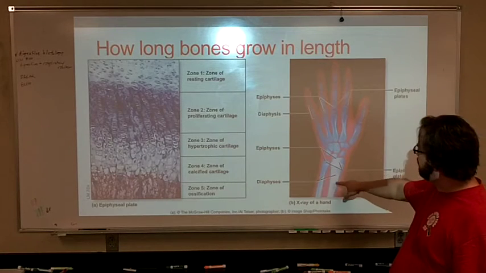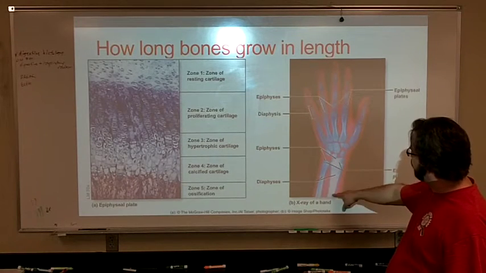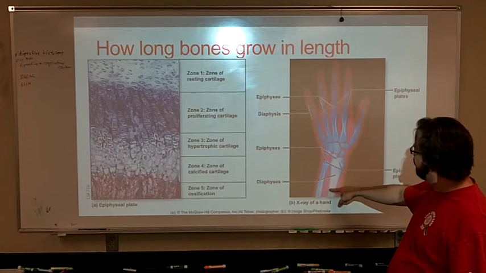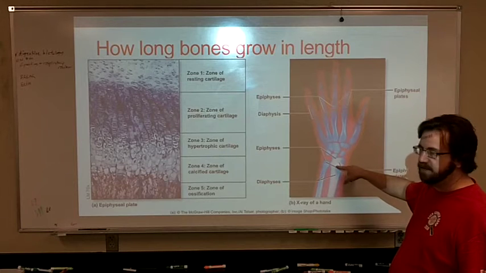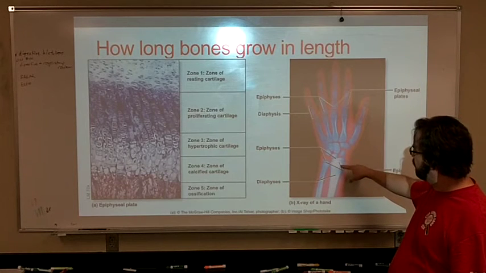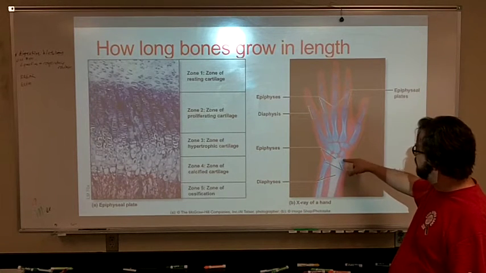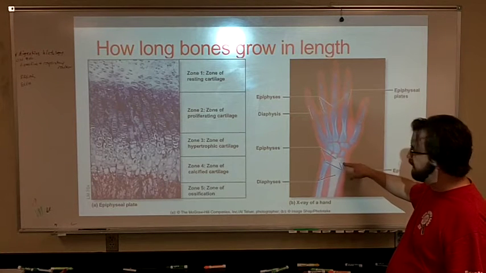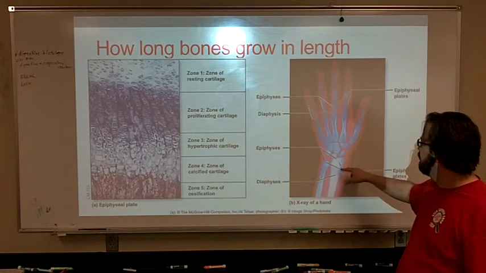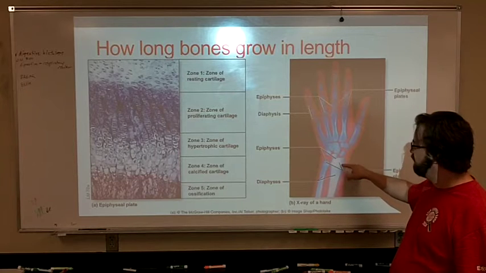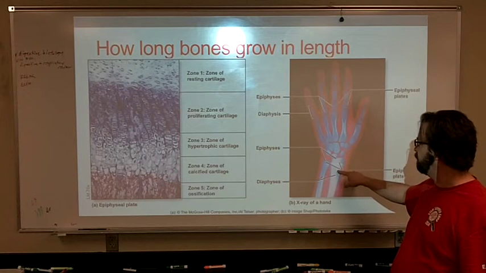If you imagine that this bit of the radius here grew, the primary ossification center grew up this way until it reached the end of the diaphysis, and the secondary ossification center filled in the epiphysis here, but they left a plate of hyaline cartilage between the two.